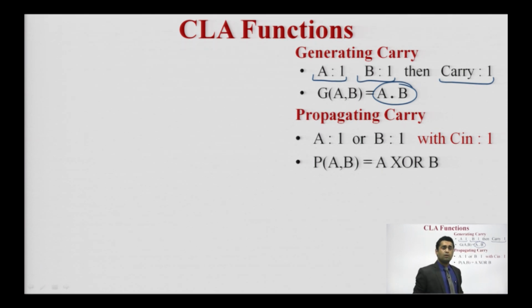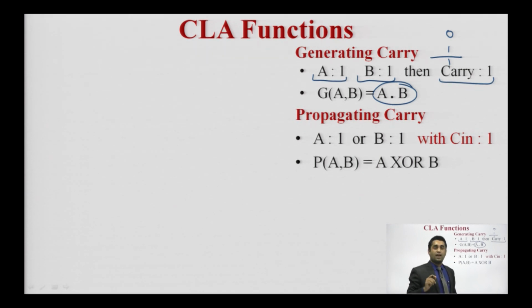And when we are talking about the propagation of the carry, what does it mean? Propagation means I already have a carry. Take an example: if I have a number 0 and I am using 1, this is not generating any carry, because 0 1 results in the 1 which sums up in the sum part, not a carry. Carry is 0.